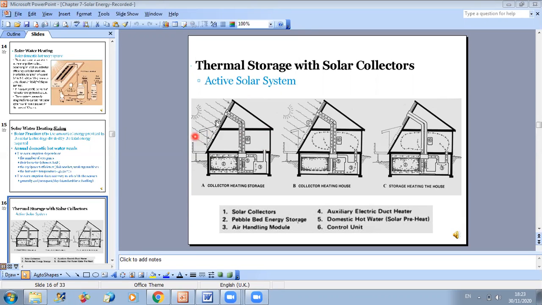So the energy collected from the sun will be transported through the fluid, and this fluid will go over the thermal storage material. The thermal storage material will extract energy from the fluid and will store it to deliver it when needed. So here, no heat is transmitted to the space because the temperature of the space is relatively good.